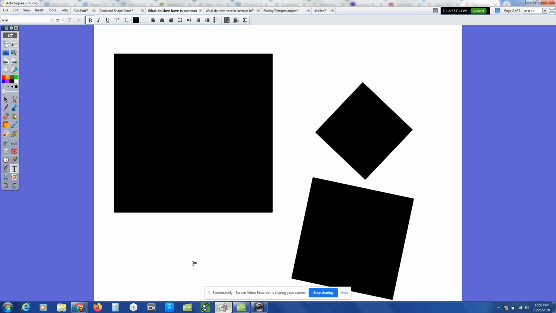What do these three shapes have in common? Well, all of these shapes have four sides. All of these shapes have all right angles. They have two sets of parallel lines.